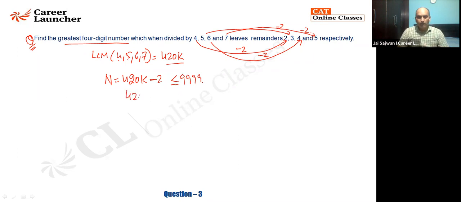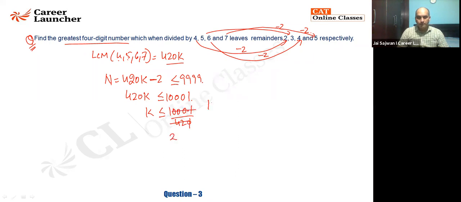So I'll say, okay, 420K is less than or equal to 10,001. And K should be less than 10,001 by 420. I'll cancel it. 42 2s are 84. Then it is 3. 3 2s are 6, 3 4s are 12. That comes out to be 34 here.